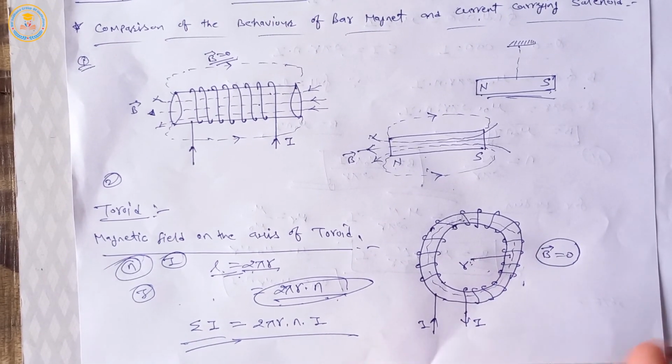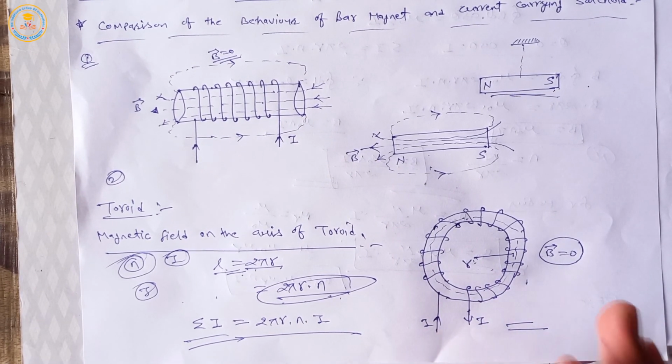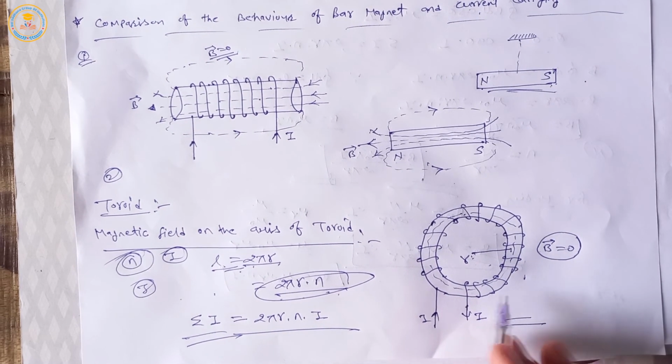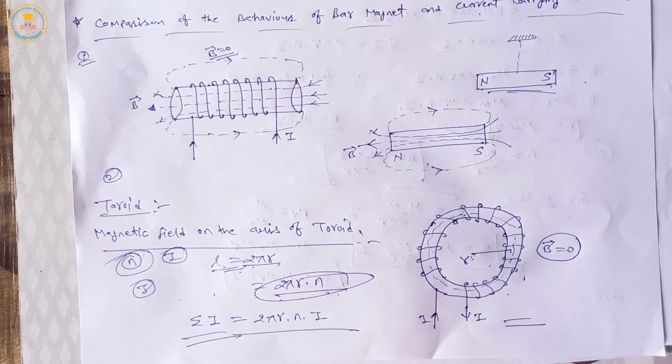This is an important thing for you, and it is useful for our numerical problems, we use it directly. Again repeat, the magnetic field in a current carrying toroid is only inside it. Outside the toroid the value of the magnetic field will be 0.